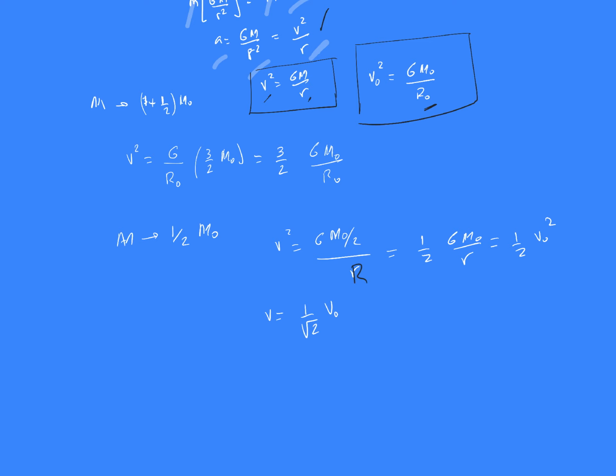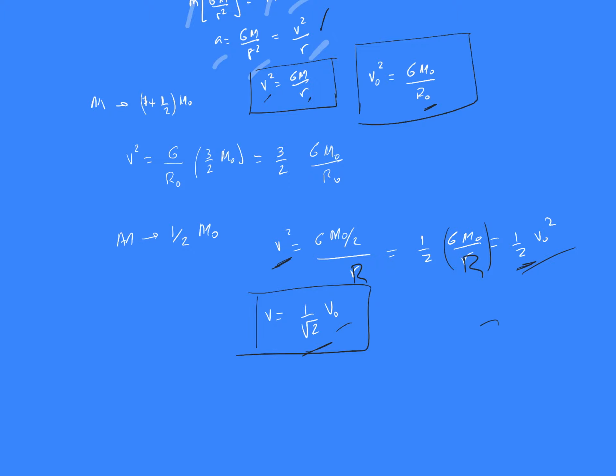So the new v squared will be 1/2 GM0 divided by the radius R, but this is 1/2 of v0 squared. So the relation should be that the velocity v is 1 divided by the square root of 2 times v0. From this equation, I have found this result.